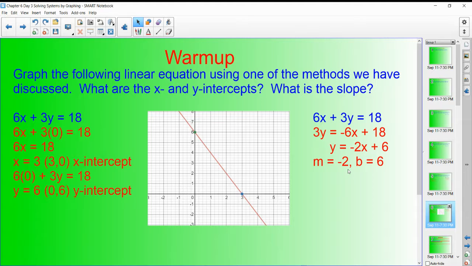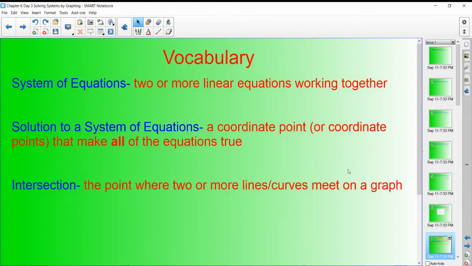Now moving on, we're going to take and apply this to a system of equations today. Now a system of equations is two or more linear equations working together. In this chapter, they're going to be linear, and in future chapters, we're going to have lots of different equations. Some that are linear and some that are nonlinear.